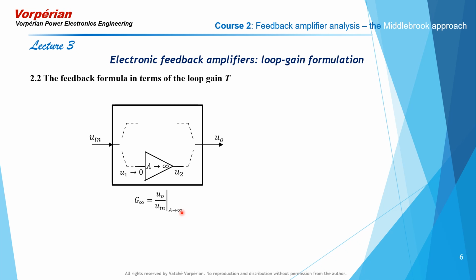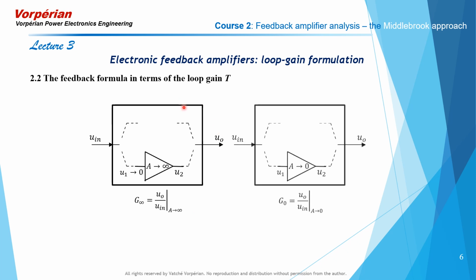This reduces the calculation to that of an ideal op-amp circuit calculation that you may be familiar with. Likewise, we determine G0 by setting the value of the gain element A inside the feedback amplifier equal to 0, and once again we determine the ratio of the response to excitation with A equal to 0.